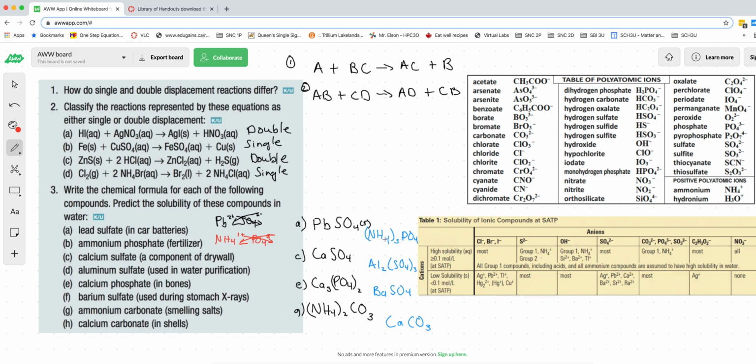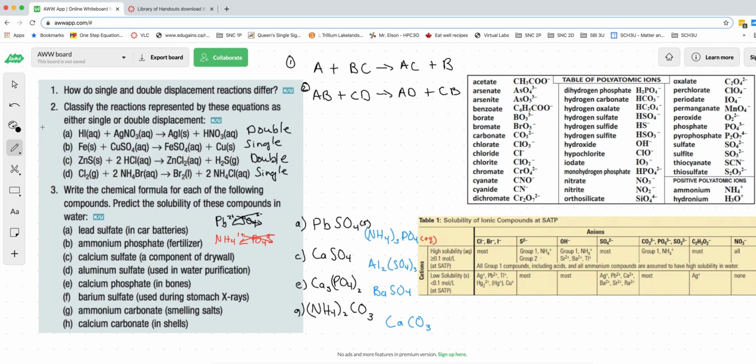So it becomes ammonium with a 3 after it, and then phosphate. So again, find phosphate, which is here, and then ammonium, which is here. So when we combine these two and go across, it has a high solubility. So this is going to be aqueous.